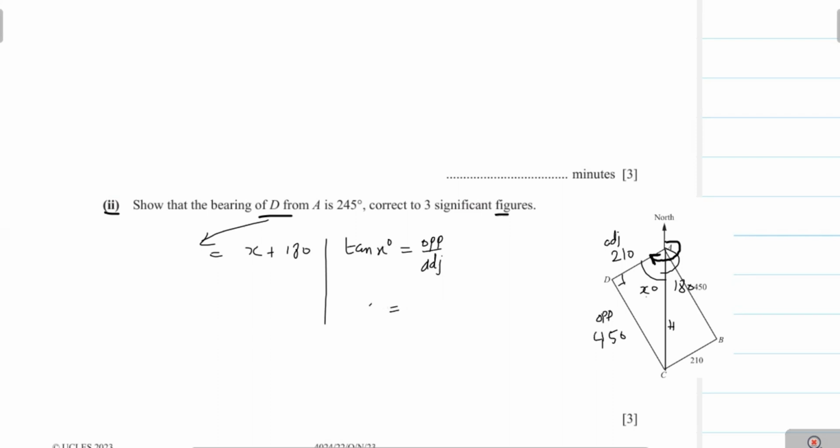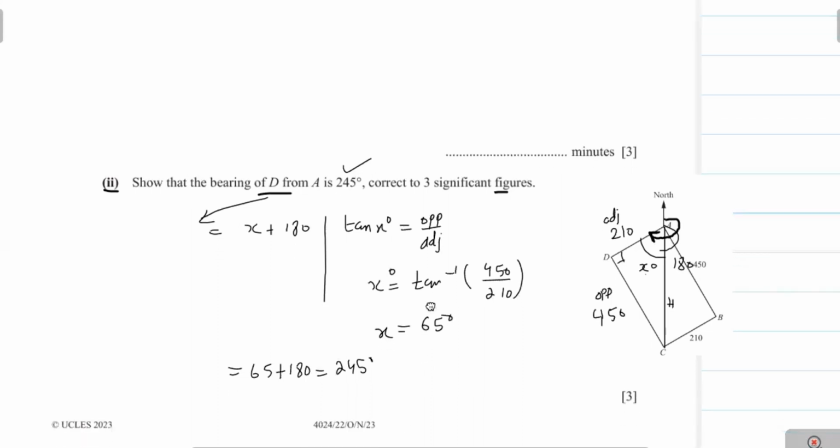Therefore, x degree equal to tan inverse of the opposite side 450 over 210. The angle will be equal to 65 degree. Therefore, the bearing of D from A will be 65 plus 180. This will be equal to 245, and hence it is proved the bearing of D from A is 245.